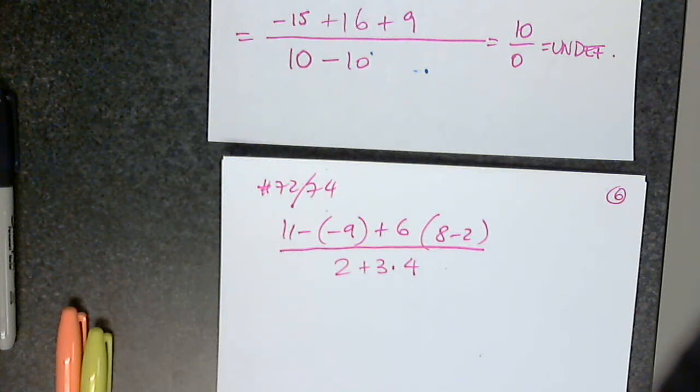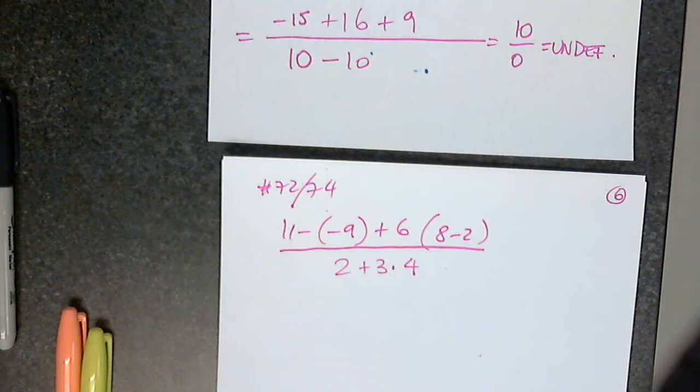How are we doing? We're doing well. But what happened here? How much is 2 plus 12? The opposite of -9 is +9. Correct. And in parentheses, 8 minus 2 is 6. Yes. Okay.